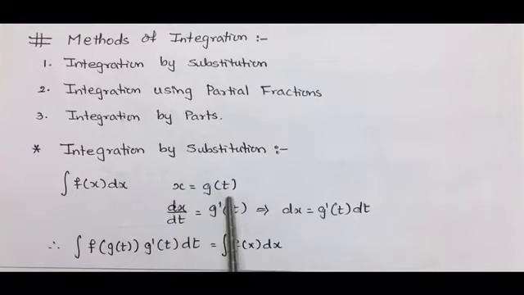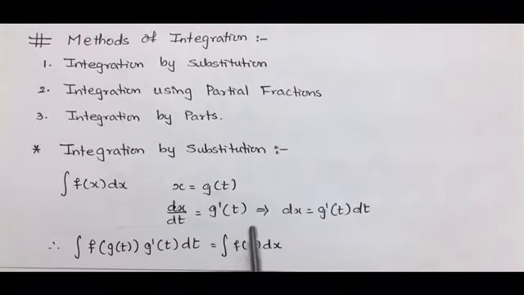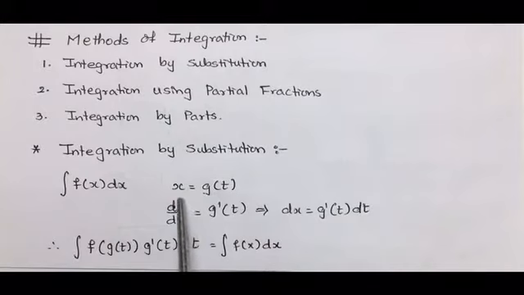If both sides are differentiated, then dx by dt is equal to g dash t. Making dx the subject, taking dt to the other side, we get dx is equal to g dash t dt.